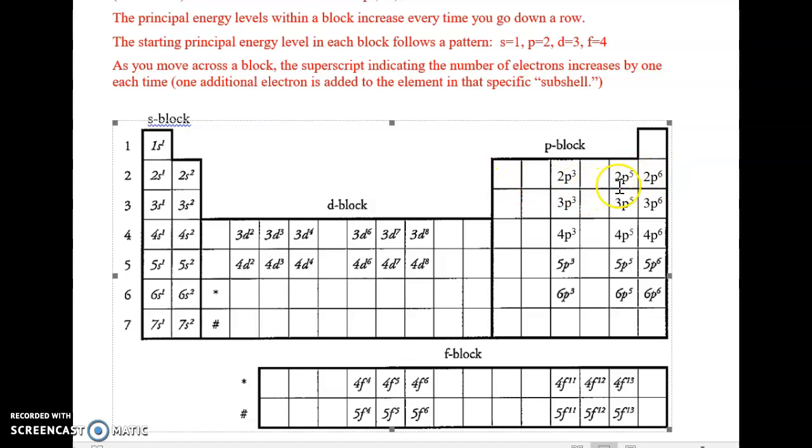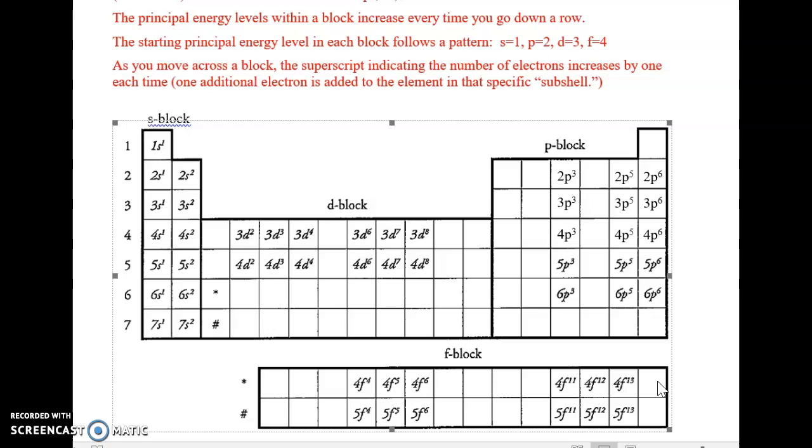Again, some of those numbers are missing here, but the missing superscripts would be 1, 2, and 4. And the D block would start with 1 and go all the way through 10. And the F block would start with 1 and go all the way through 14. And again, those superscript numbers tell you how many electrons are filling the subshells.